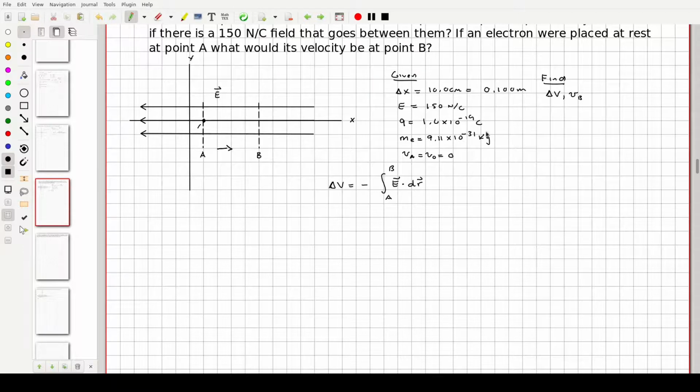And in fact, it's really just dx, because our electric field is constant. So, if you're dealing with a constant electric field, and the path that your charge is taking when it goes from point A to point B is a straight line, this integral really is just this.